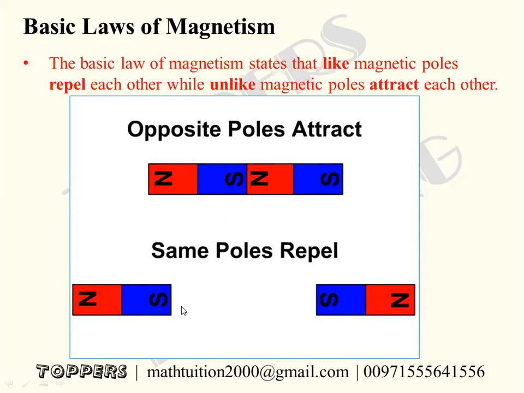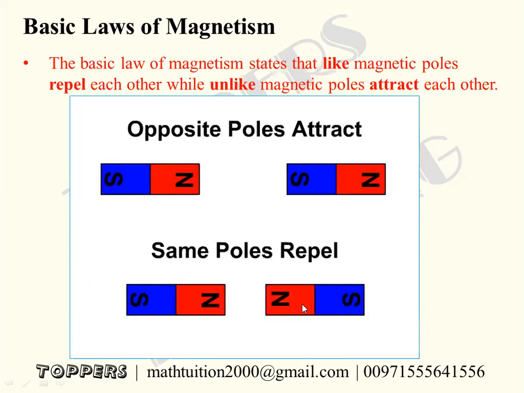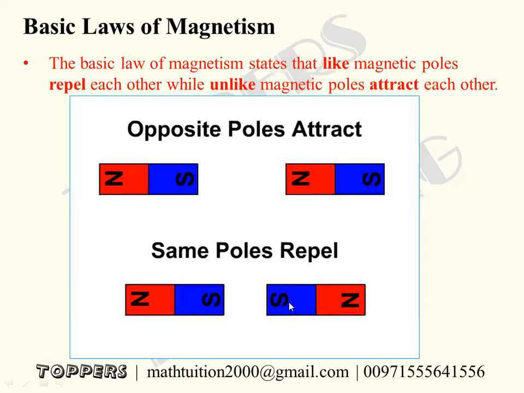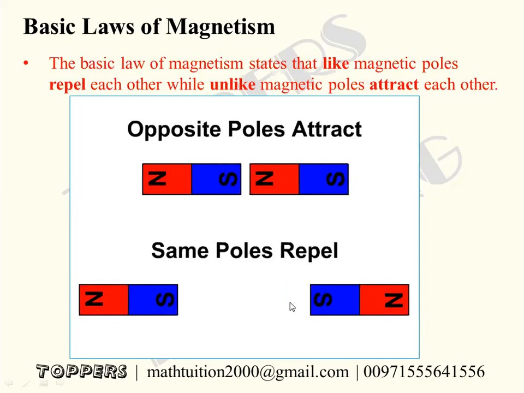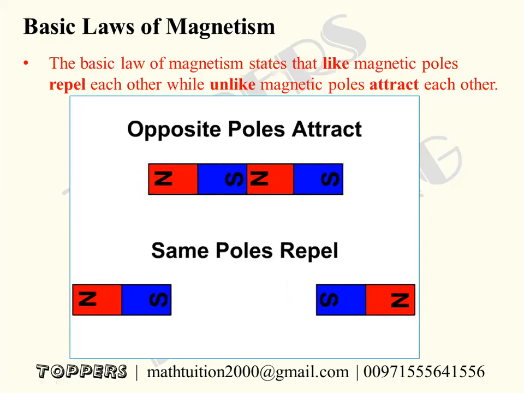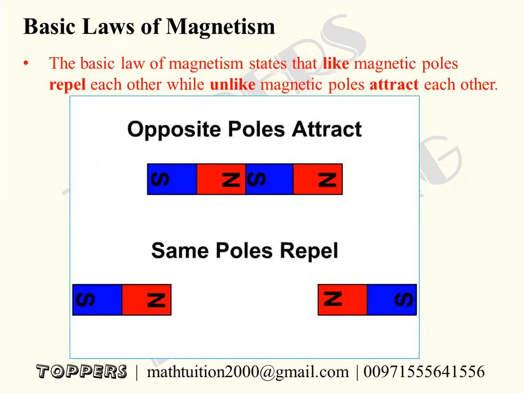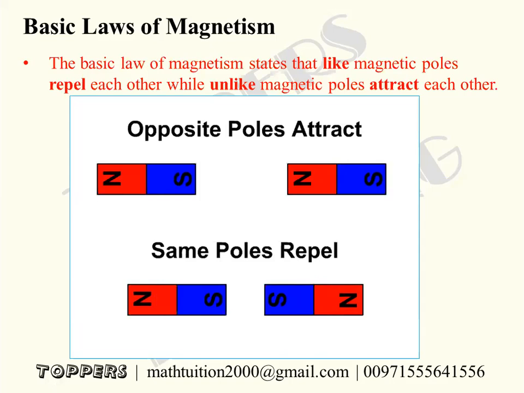Here, see. North and north repel. Again, south and south repel. Understood? So opposite poles attract each other, right? And same poles repel. Fine.